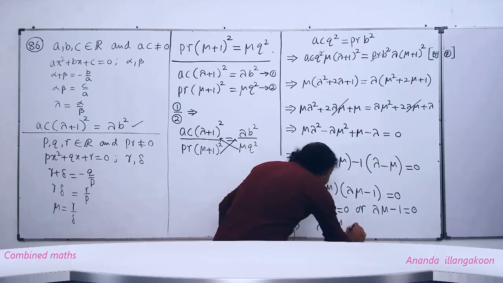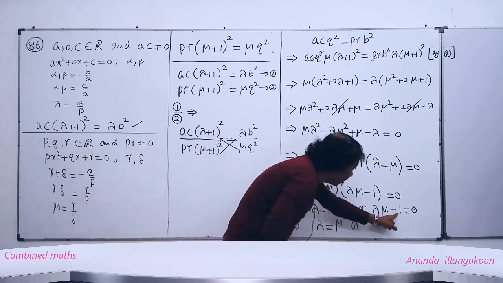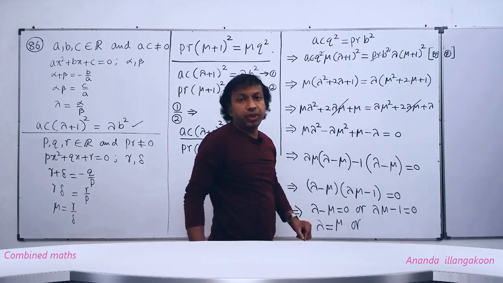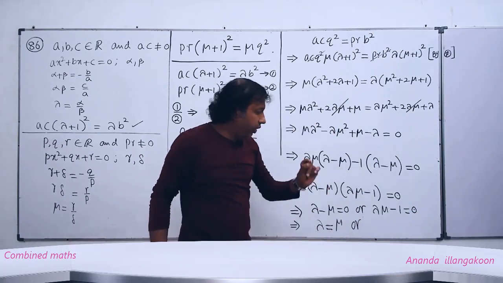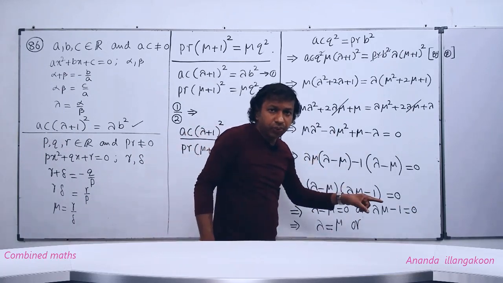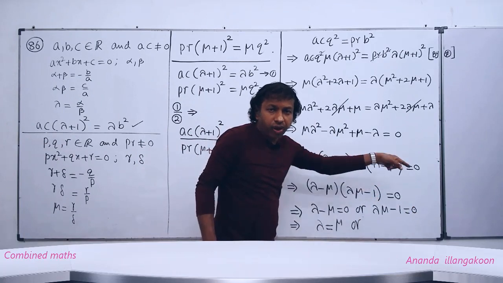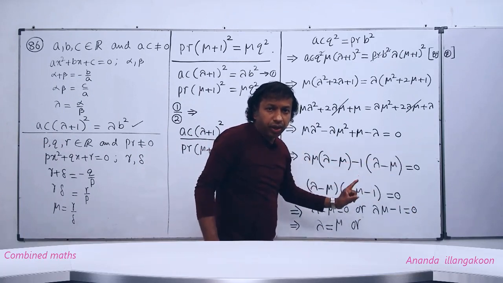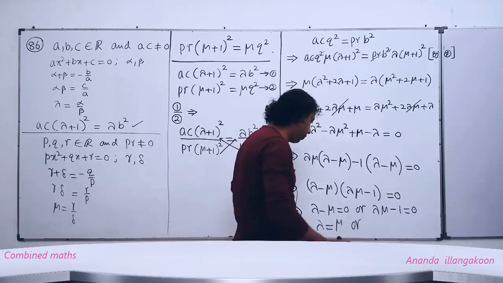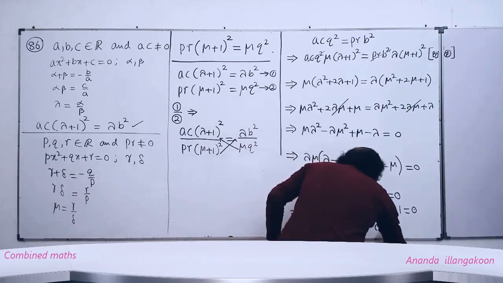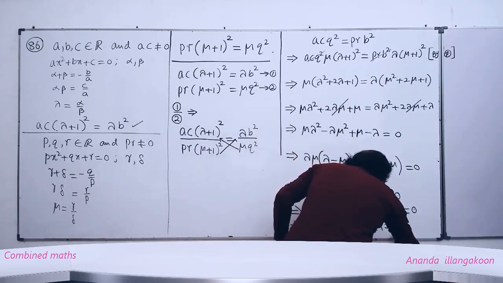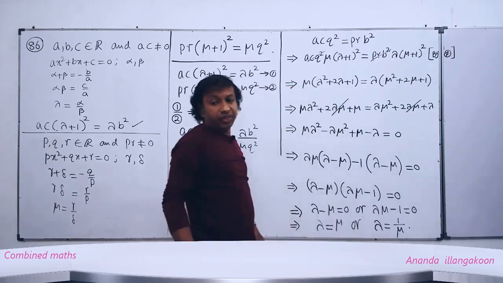Or, people, take this minus 1 to the right hand side, that will be plus 1. Lambda mu equals 1. Dividing by mu, we get lambda equals 1 upon mu. This is what we get, people, finally.